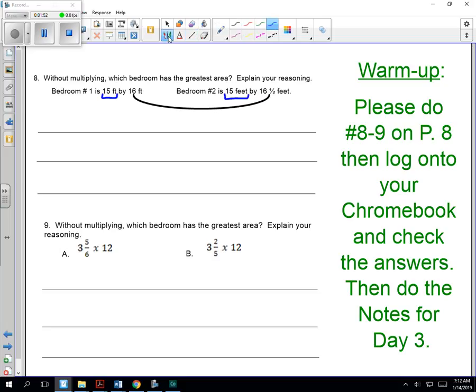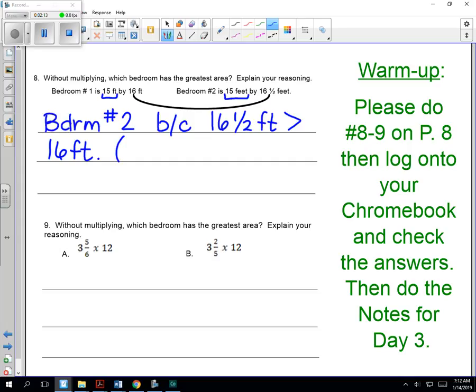Well, 16 and a half feet is greater, therefore bedroom number 2, because 16 and 1/2 feet is greater than 16 feet.